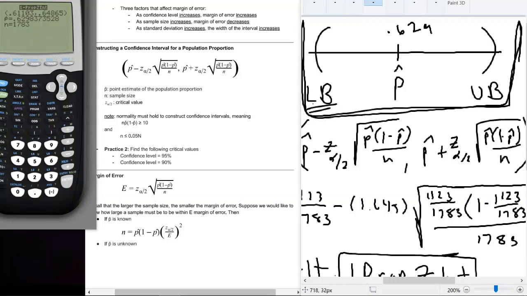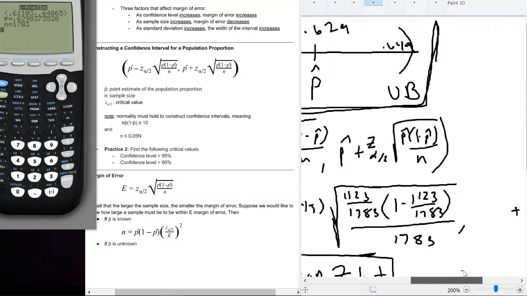So the goal is to create a plausible region that's wide enough to contain the true population proportion. And it's saying here, if you create the lower region at 0.611, and if you go all the way up to 0.648, let's call that 0.649, then we are 90% confident that the unknown population parameter is between 0.611 and 0.649, okay?